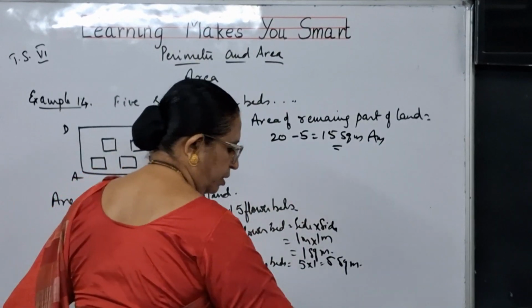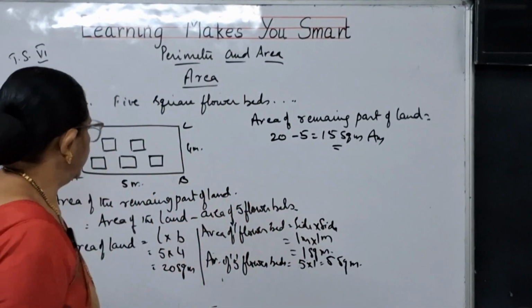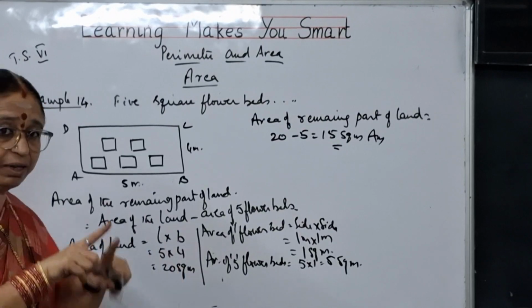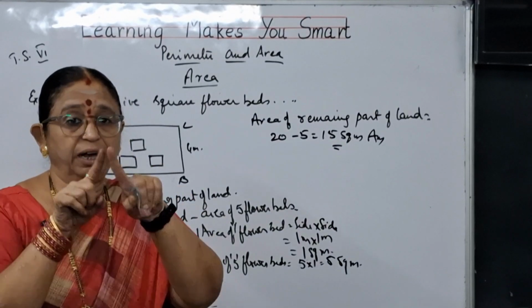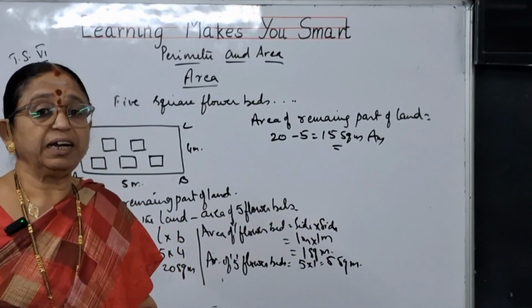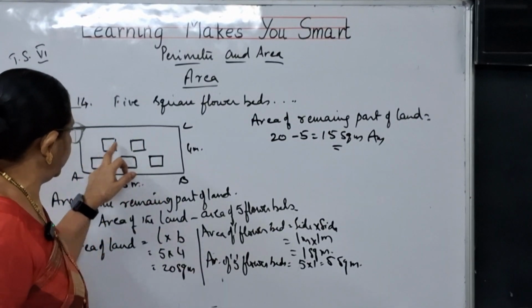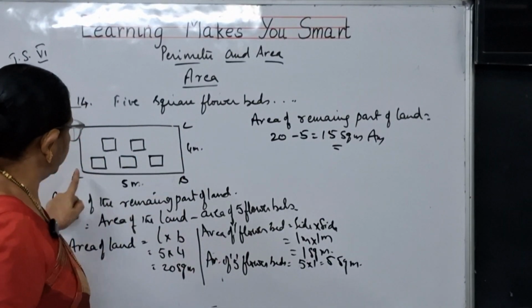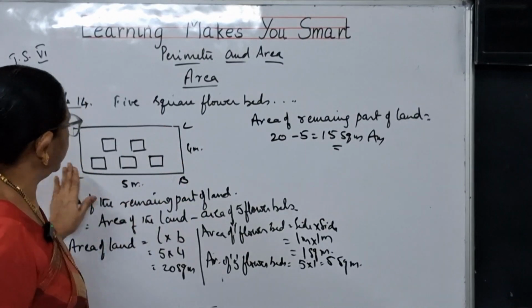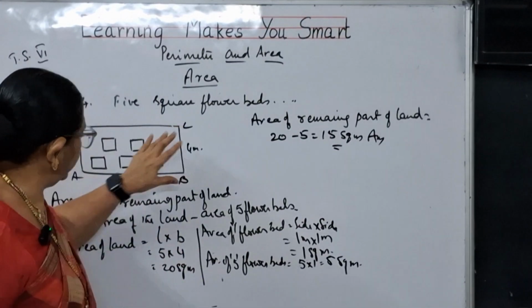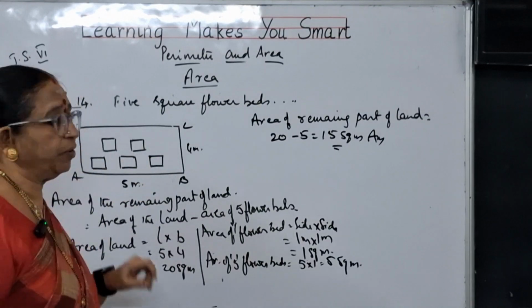So please note it down. I hope I am clear. There are 5 flower beds. Beds means a square piece they have dug. Like that, they have made 5 flower beds in a rectangular region. What is the remaining area they are asking? Remaining area, how will you get? From the total area, if you subtract this, you get it.